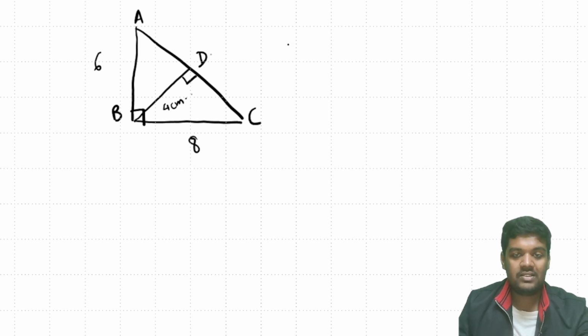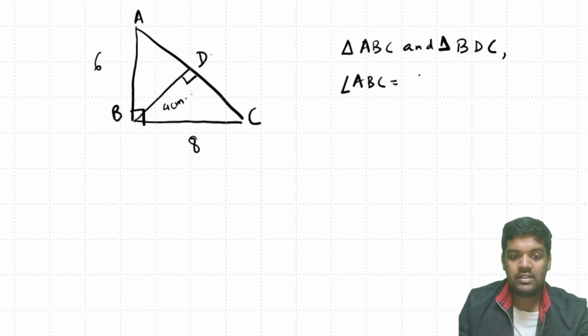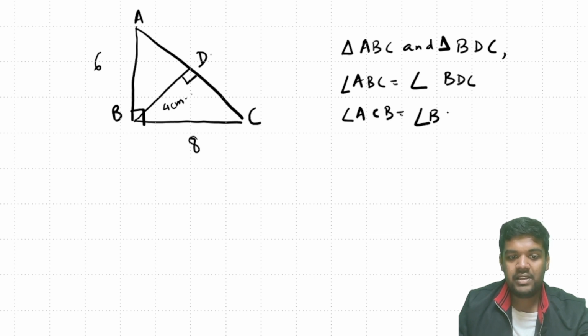So there is a way to solve this. Triangle ABC and triangle BDC, right? If you look at these two triangles, we know that angle ABC equals angle BDC, right? Angle ACB equals angle BCD.